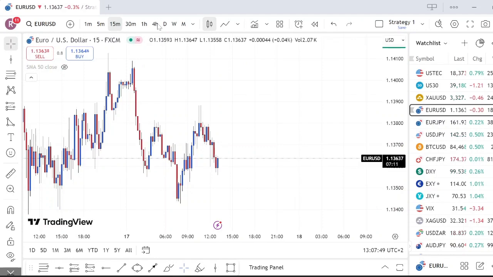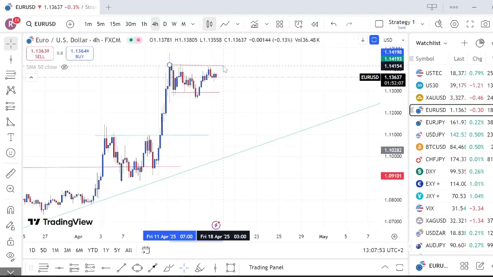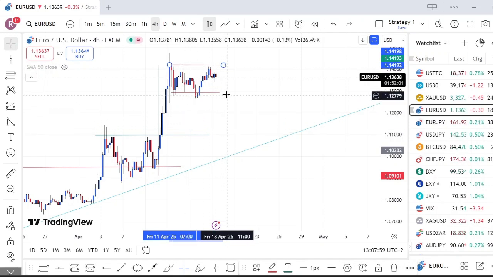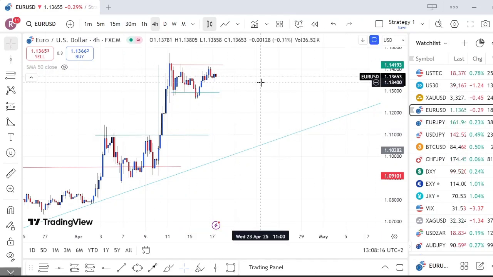So bullish on gold. Looking at Euro USD, we are very much in that consolidation phase between 1.14192 and the support level of 1.1291. Market's just bouncing between those levels. So we are expecting a move to the upside, so I would look for long positions off that support level.